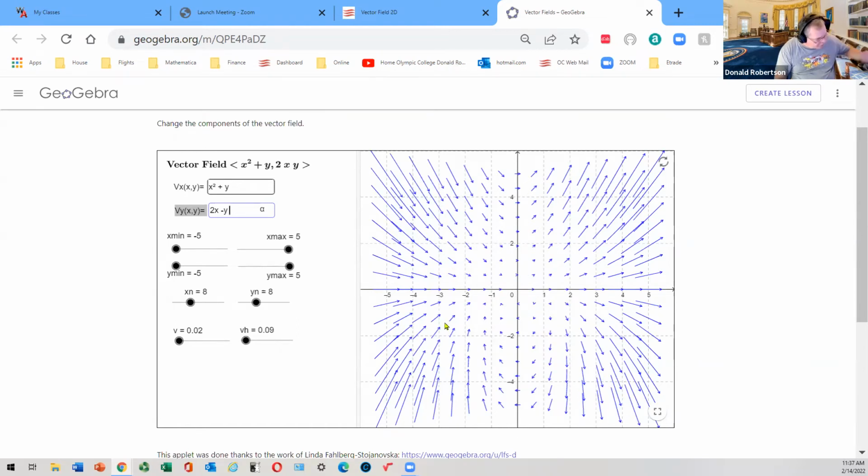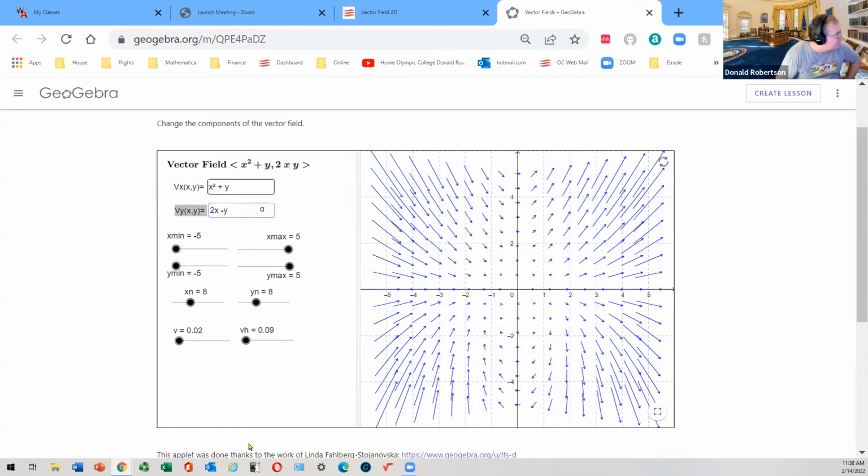So to me, this would be things coming in from the left towards the origin and then exploding outwards to the right. So that's what this is modeling. You can tweak these things because the length of the line is an indication of how big the vector is. So that could be an indication, for instance, of the strength of the wind.